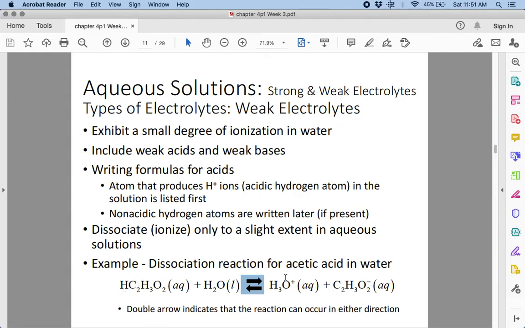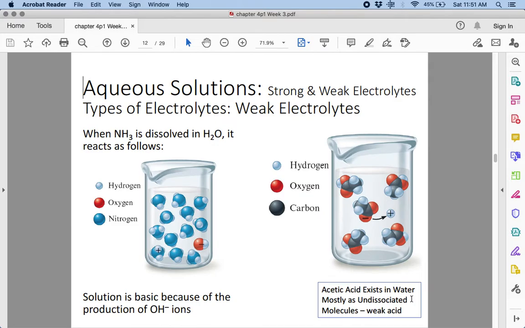So what ends up happening is we don't have 100% dissociation. We get a little bit of the ions present, and we get a lot of the acetic acid present just hanging out in this form, which means there's no ion there. So we only have a few ions present, which would make it a weak electrolyte.